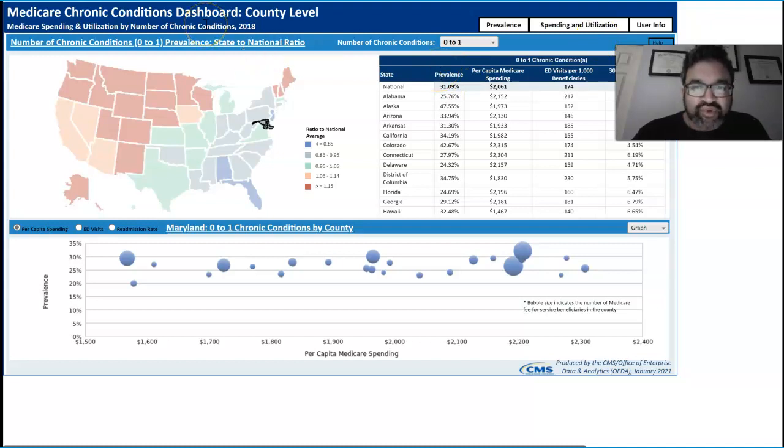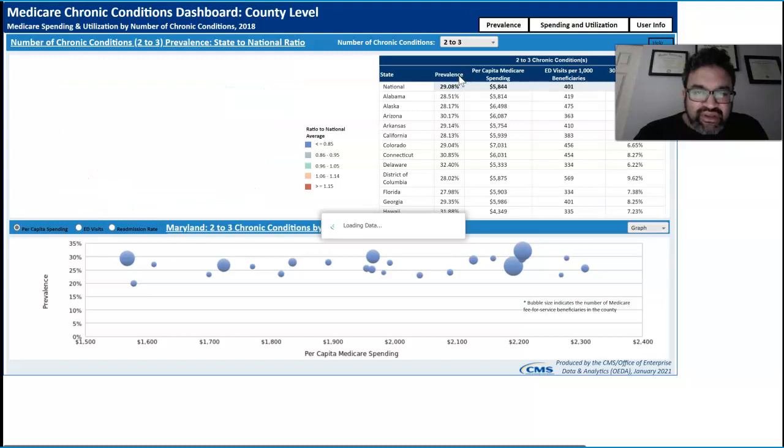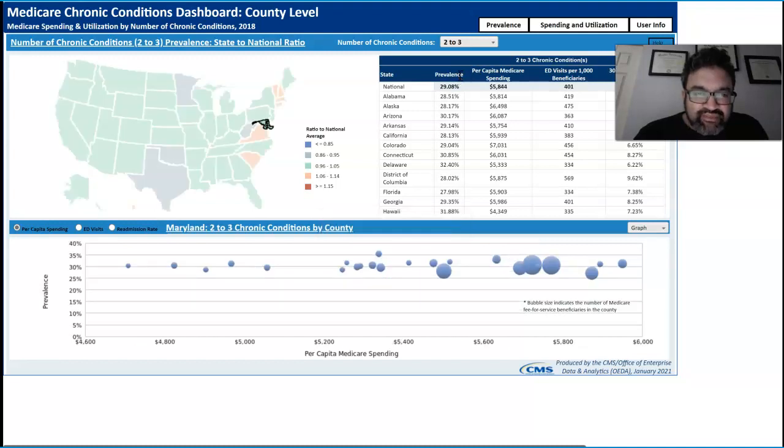So this one's a good portal to be looking at if you want to look at the number of chronic conditions. When that is higher, you see that there are more states that are involved in this, and so then the per capita spending does increase for Medicare, and all of that is affected.